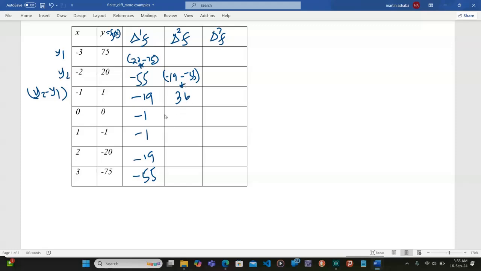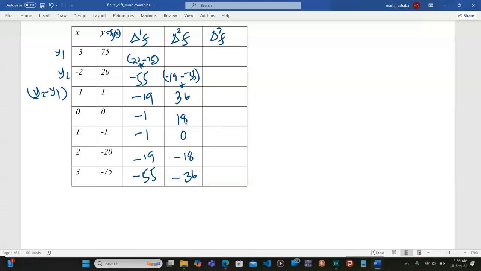Then negative 1 minus negative 19, I have 18. Then negative 1 minus negative 1, I have 0. Then negative 19 minus that, I get negative 18. So negative 55 minus that, I get negative 36.